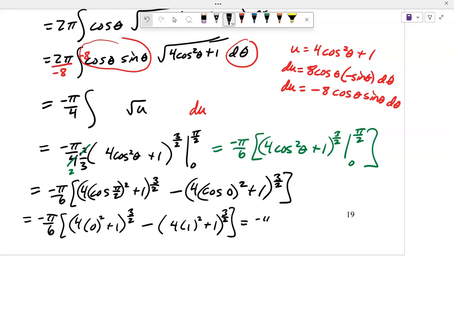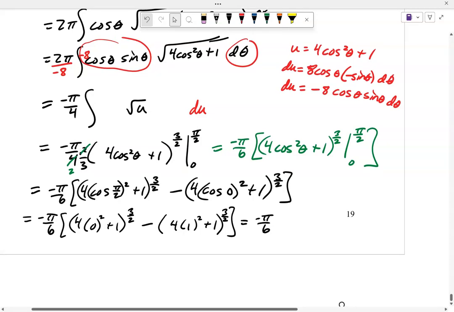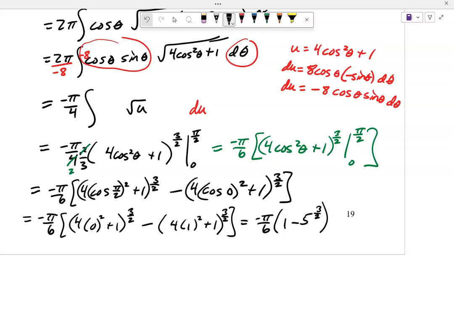So I got negative pi/6. That'd be 1 to the 3/2, which is 1, minus 5 to the 3/2.